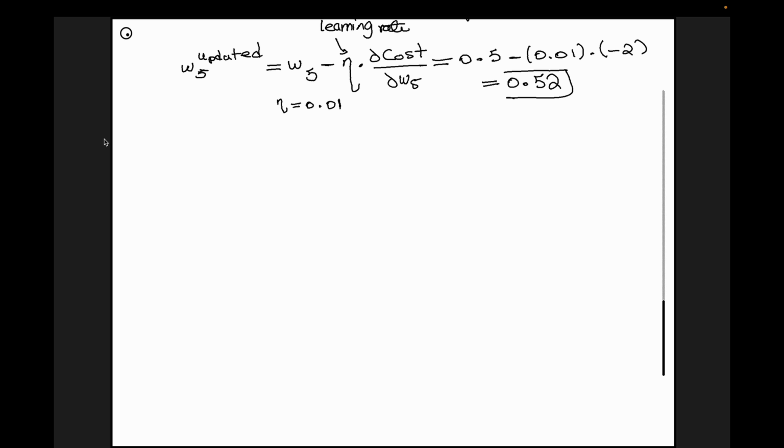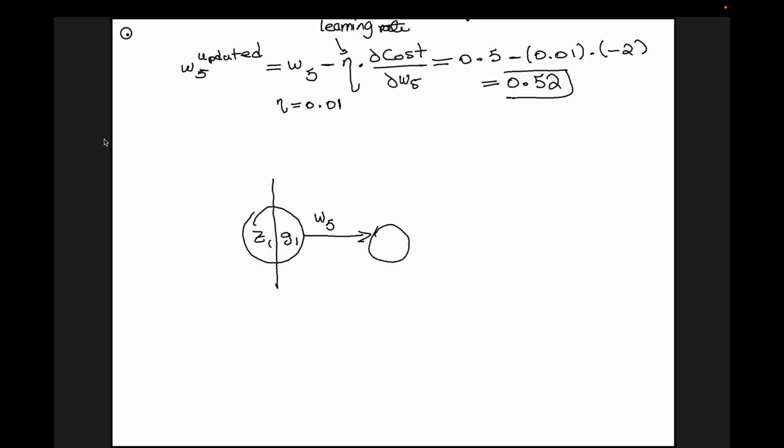Let's go down and redraw our neural network, this time only partially, because we only need that part. So that was Z1 and G1, and this was Y prediction. I remember we had some other things coming in, but for this example, it's roughly irrelevant.